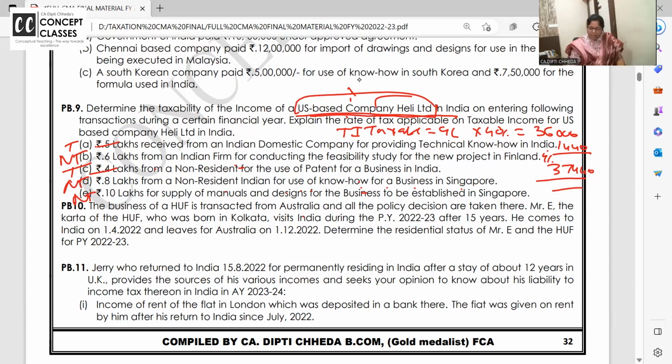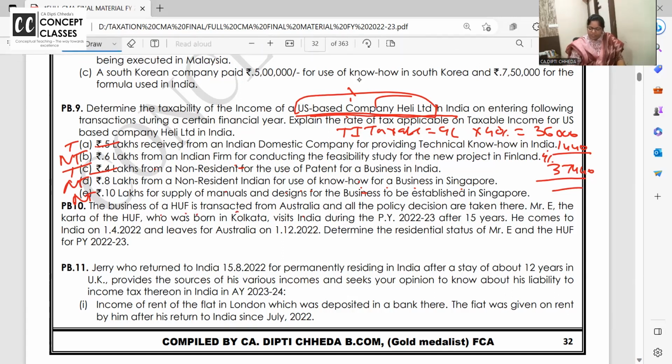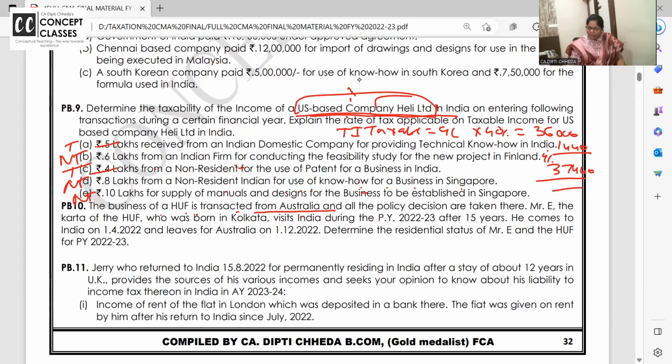From where is the Karta taking decisions, control and management? The business of HUF is transacted from Australia. All the decisions are taken by E, who is born in Kolkata, but after 15 years he has come to India. Until now, where was the control? In Australia. So HUF is going to be non-resident.